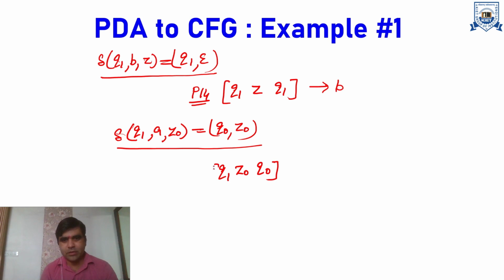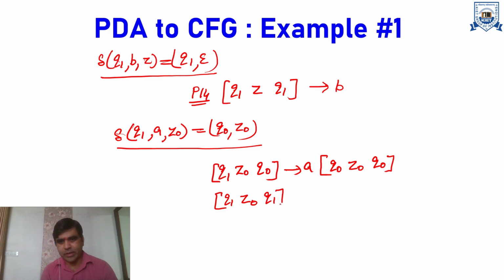So Q1 derives, this a will go to the right side, then we have Q naught and Z naught and Q naught. Next time we have Q1 Z naught Q1, it will take, now see this, now it is Q1, earlier it was Q naught. Then it has a, then we have Q naught, Z naught and Q1. So this is production rule number 15, this is production rule number 16.